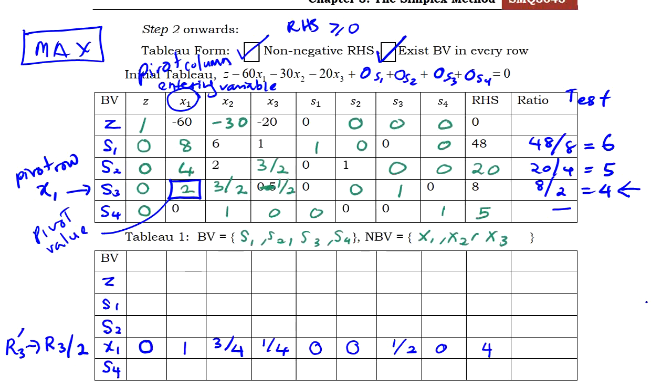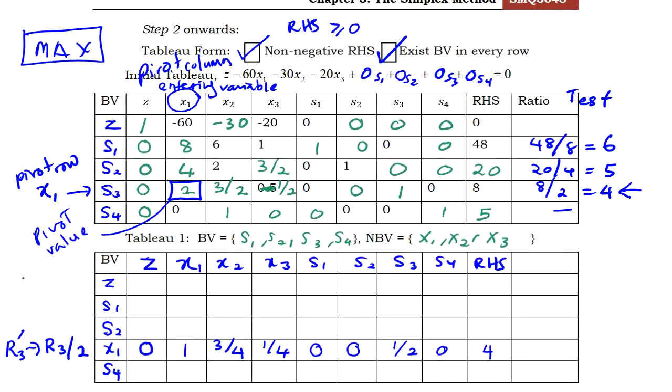Okay, so for the next row, row 0, we use this formula. Here X1 has now become a basic variable, therefore the value here is 1, and the rest of the rows must be equal to 0. In order to make this value negative 60 be 0, we need to use this formula.